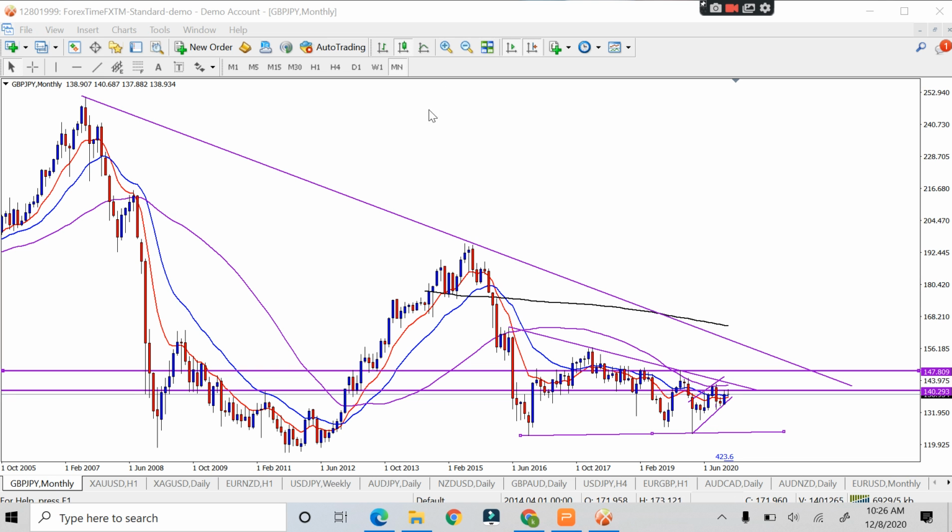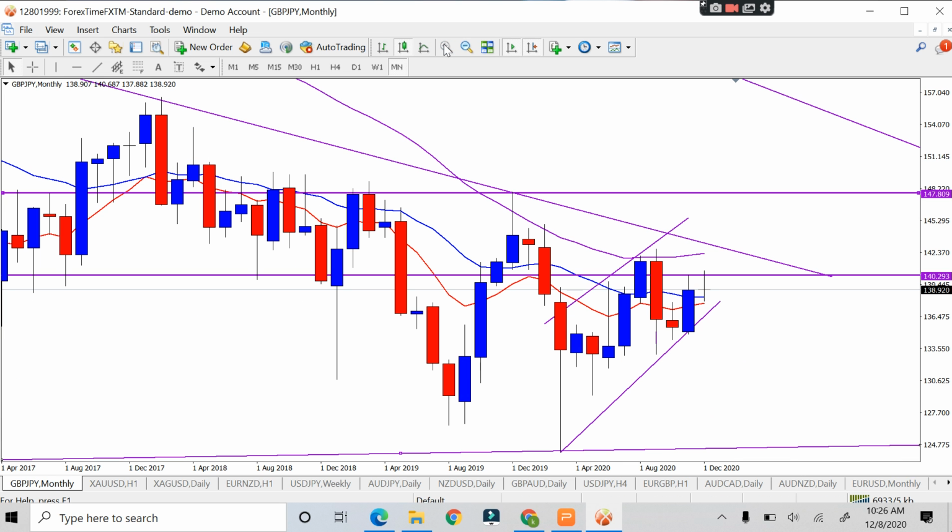Now looking at it, if I zoom in, you can see an upward channel that has enclosed about 1, 2, 3, 4, 5, 6, 7, 8, 9, 10 months, and that channel is upward, telling us that this is still having a buy bias, at least up to the descending trend line.